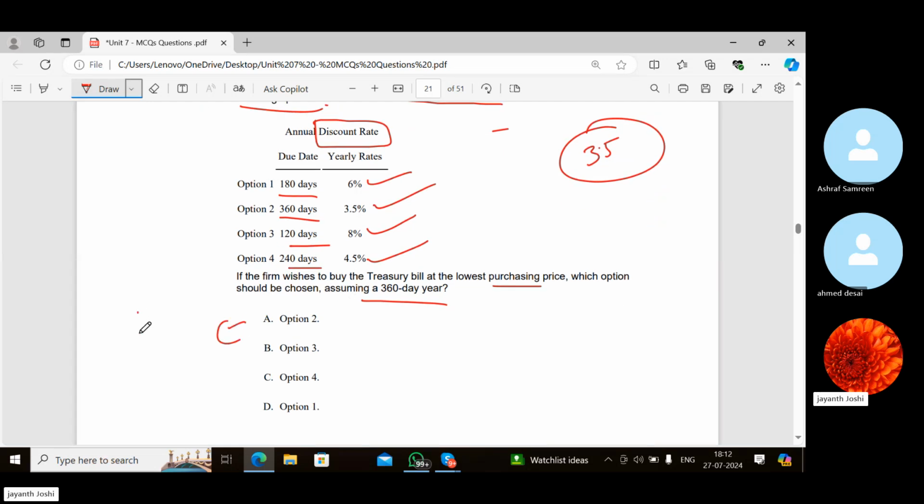Option 2, $100 divided by 1 plus 3.5 by 100 discount factor.